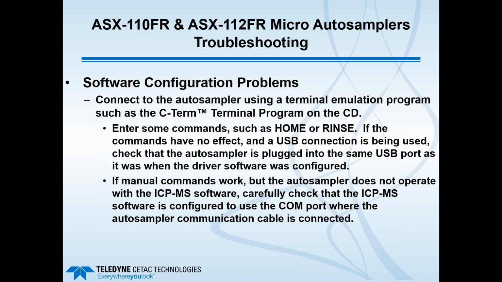If the manual commands work, then you'll want to check if the host software is actually configured for the appropriate COM port that you're using for communication to the Autosamplers. But the CTerm terminal program is often very useful for troubleshooting any communication issues.